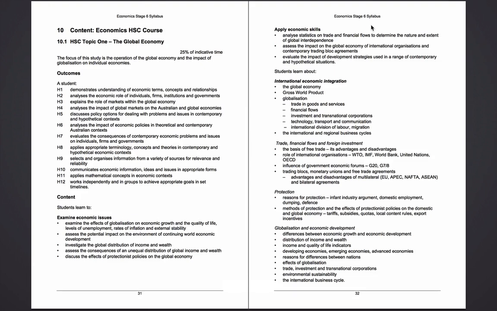Firstly, for question 5, the question was, what are the major economic indicators of integration between economies? Bit of a trick question, but basically this question addresses your understanding of the terminology in topic 1, particularly the syllabus document. If we look at this area here where you're looking at globalization and the key indicators of economic integration.